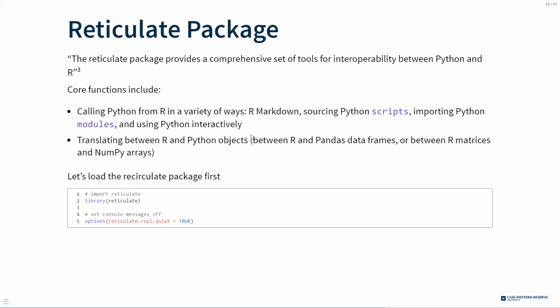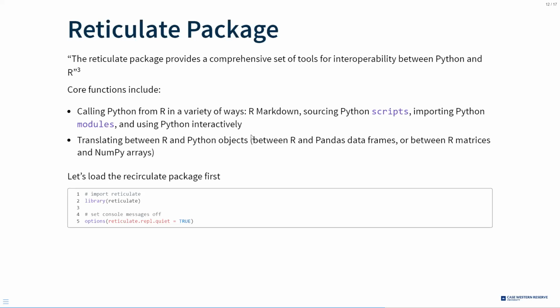So what does this allow you to do? This basically allows you to call and write Python code inside of R in a variety of ways. Inside an R Markdown file, we can create a code chunk that's actually a Python code chunk, where we just write pure Python code inside that chunk, run it, and it runs just as if Python would run inside of a different IDE. We can source Python scripts.